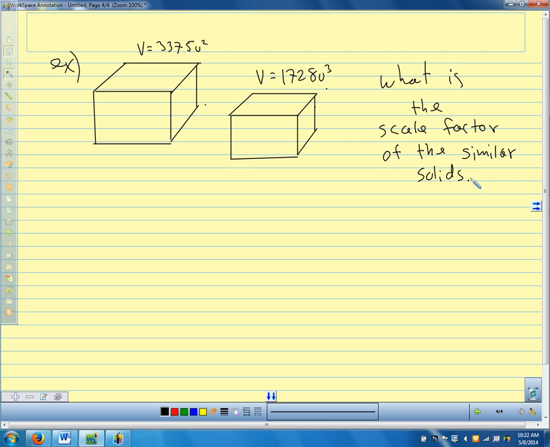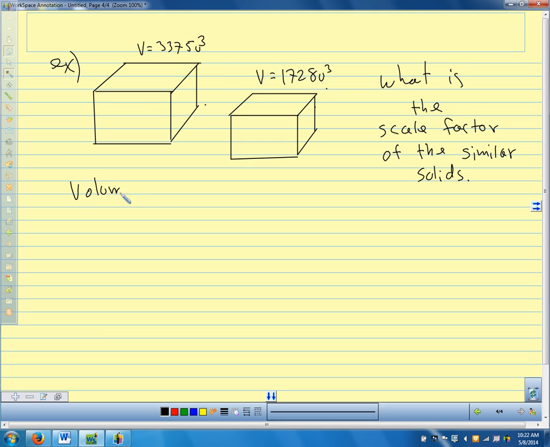We want to know the scale factor. So what can we do with these two volumes? Yes, that's a unit squared. Oh, this should be units cubed. Thank you. So what can we do with these two volumes? Make a ratio. We're going to write the volume ratio.